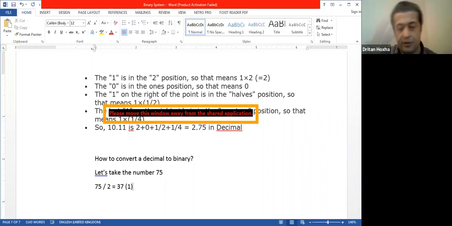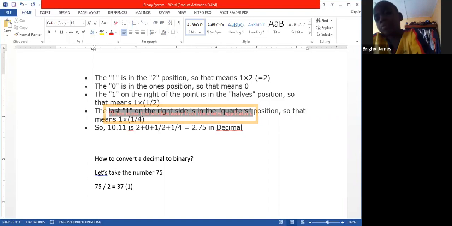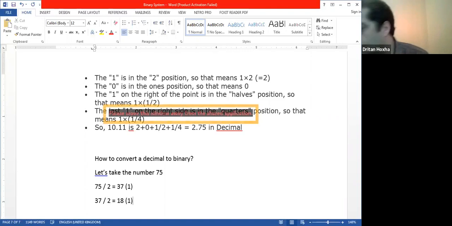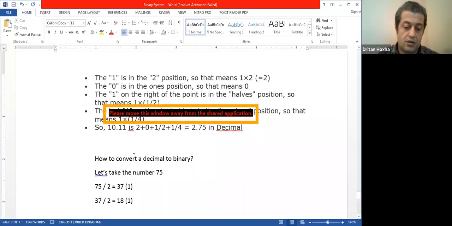Do you know the remainder? If we don't have an exact division, but we have a remainder, we write it. If we divide 37 by 2, we obtain 18. The remainder is 1. 18 divided by 2 is equal to 9, exactly 9.